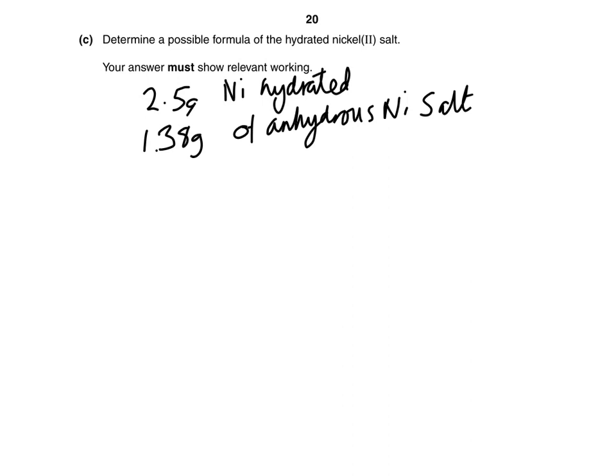From step 3, we know that the molar mass of nickel DMG2 is 288.7 grams per mole, and that we have a mass of 2.57.